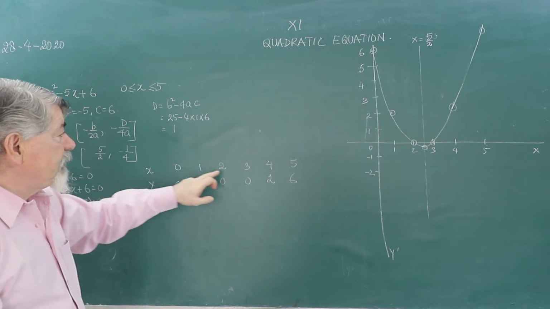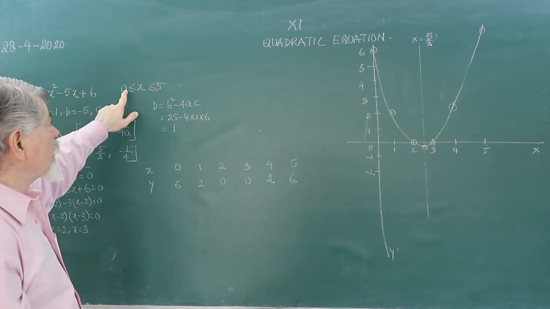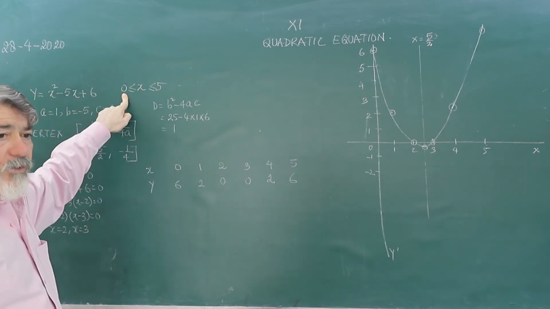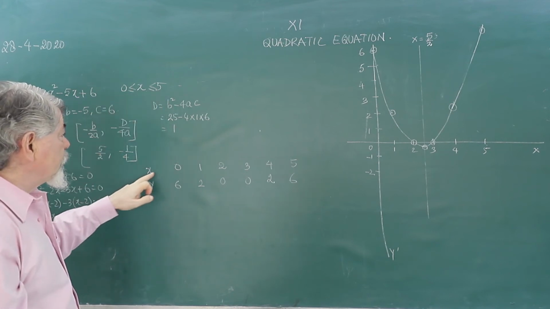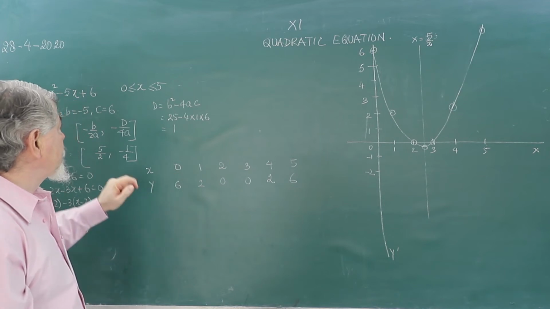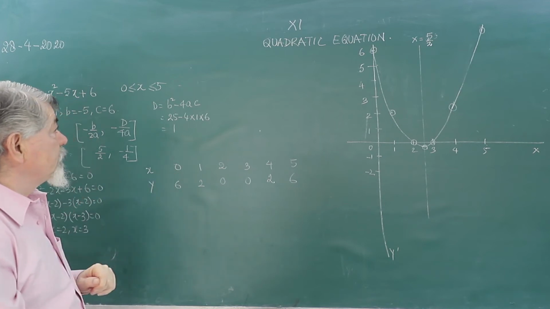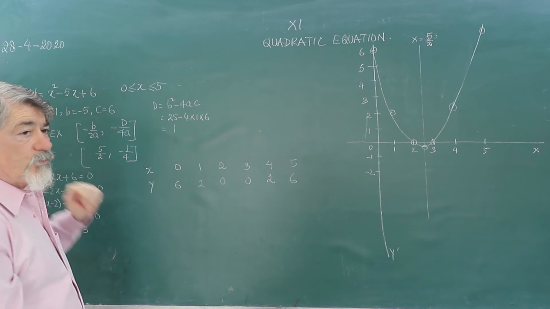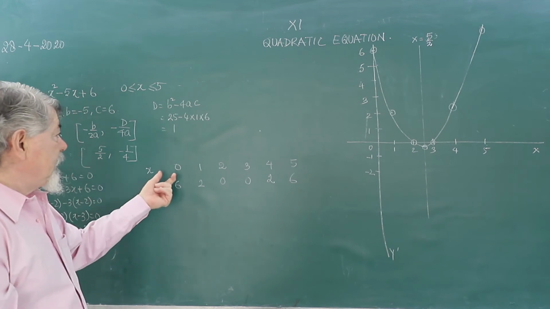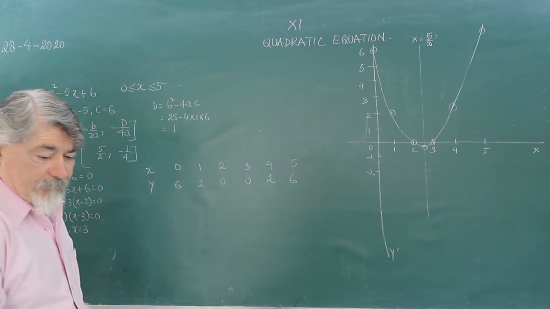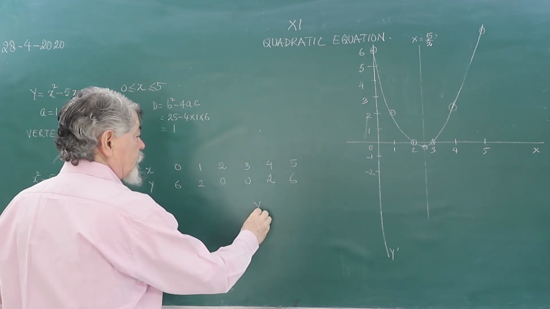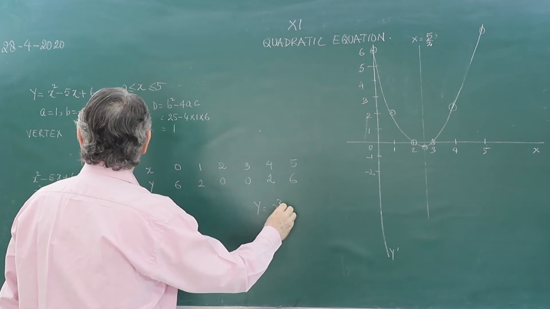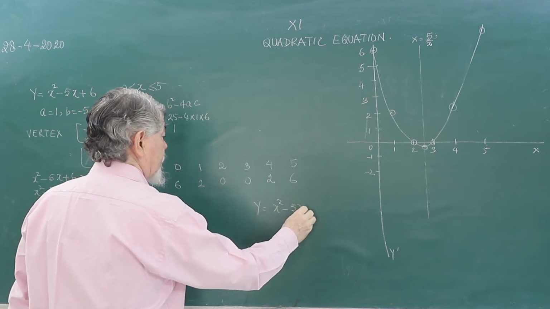I made a table because he wants you to take the values of x from 0 to 5. So I took x is equal to 0 and substituted it in the equation x square minus 5x plus 6, and I got the value as 6, because the equation is y is equal to x square minus 5x plus 6.